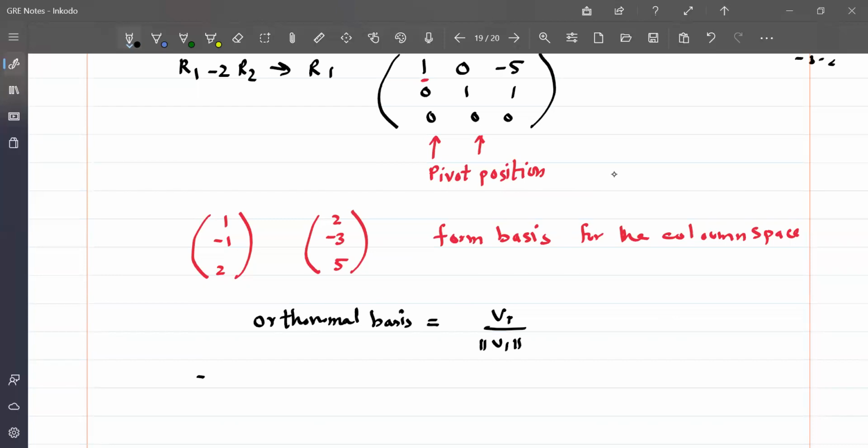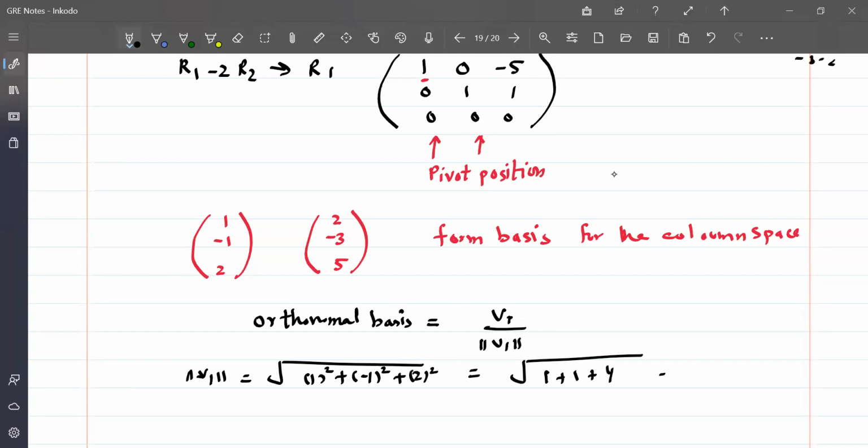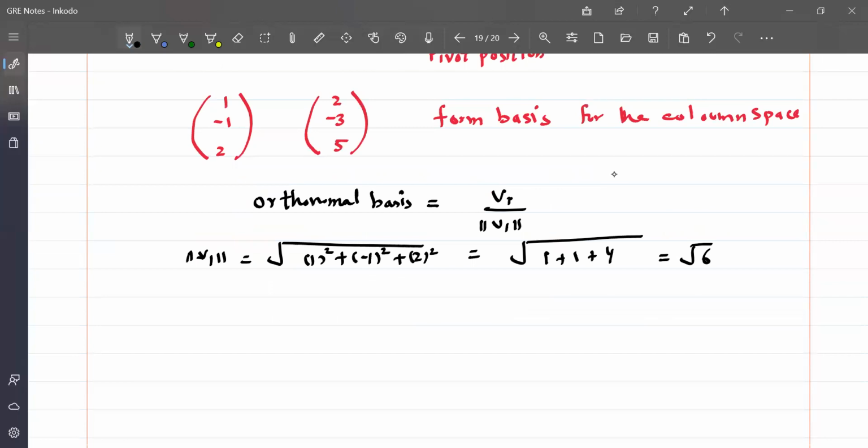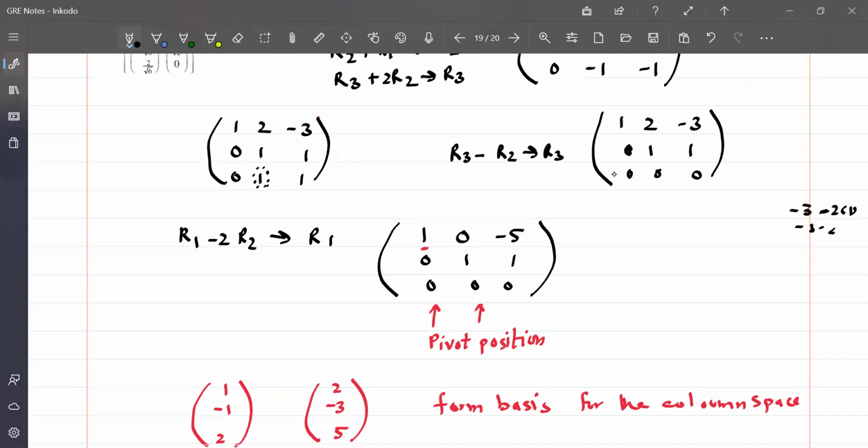If we find the norm of v1, it is 1 squared plus (-1) squared plus 2 squared, which is 1 plus 1 plus 4, equal to the square root of 6. So the first orthonormal vector is 1 divided by the magnitude, -1 divided by the magnitude, and 2 divided by the magnitude. Similarly you can find the second one.